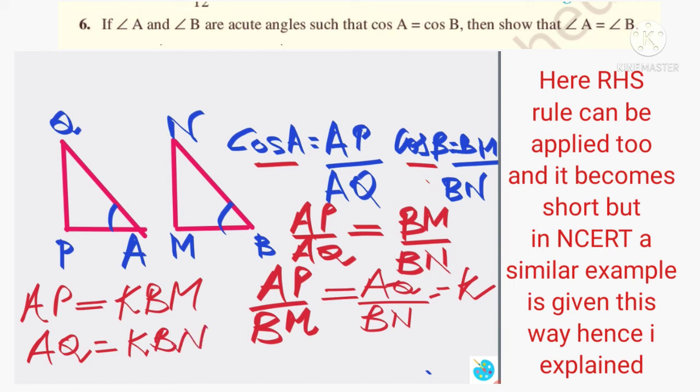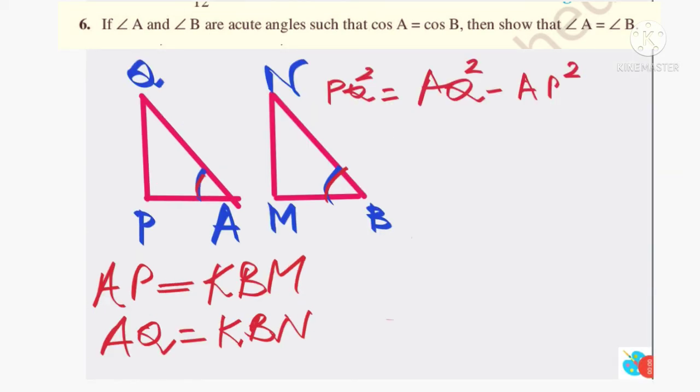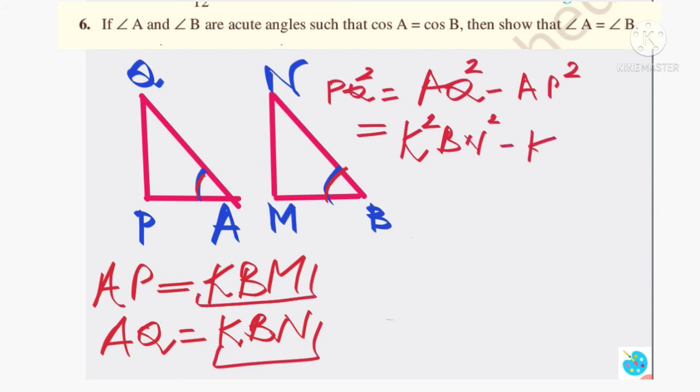Now let us apply the Pythagoras theorem and put these values. Let's find the value of PQ. PQ square is AQ square minus AP square. Let us put in the values. AQ is k times BN, so I get k square BN square, minus AP is k times BM, so I get k square BM square.